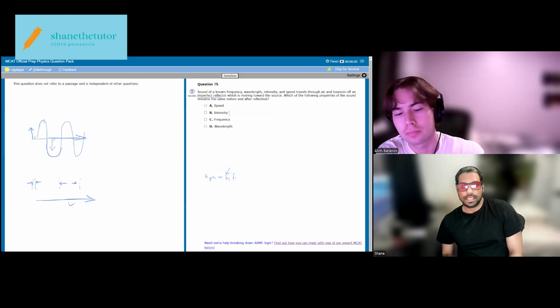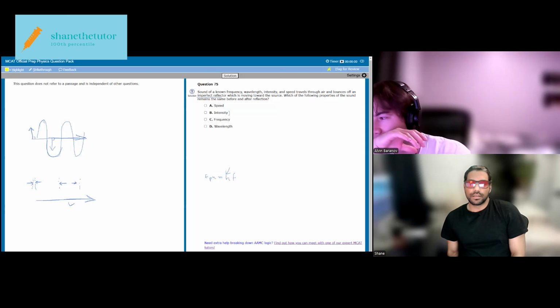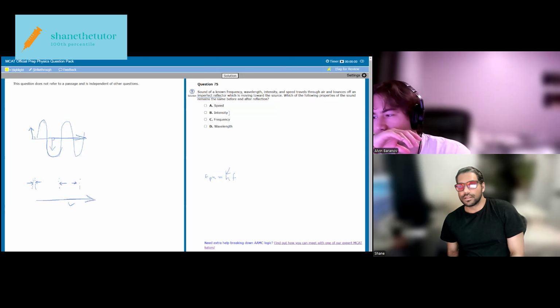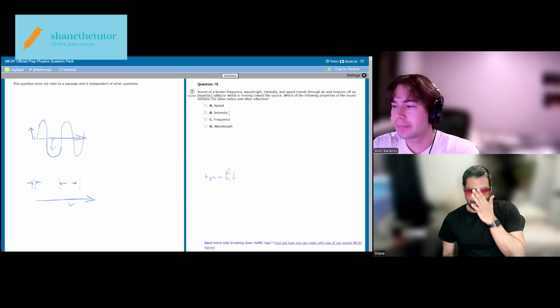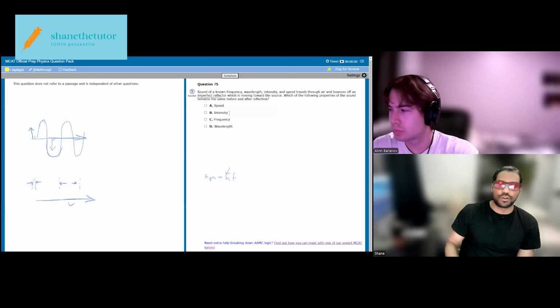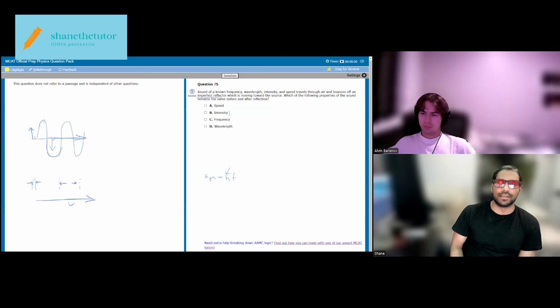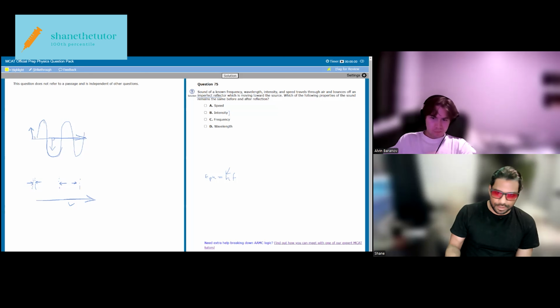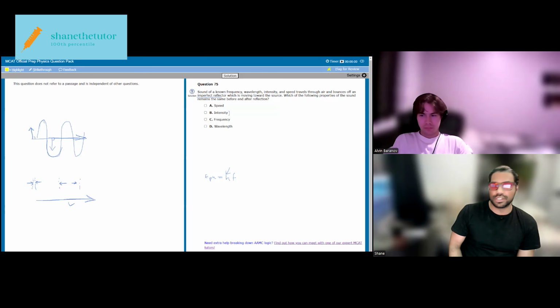But we're talking about sound here. An imperfect reflector would mean it's not 100% reflected, which means some energy is absorbed by that reflector, which means some energy is lost. So the intensity would change.